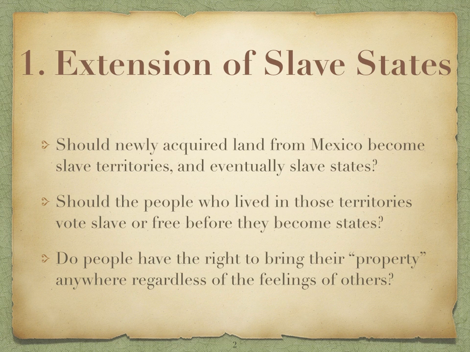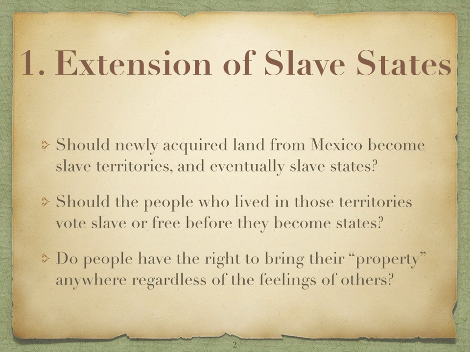There were a number of reasons. Throughout the century and a half since then, there have been many reasons given, but there were really only a few. And I'll start with number one, the extension of slave states.